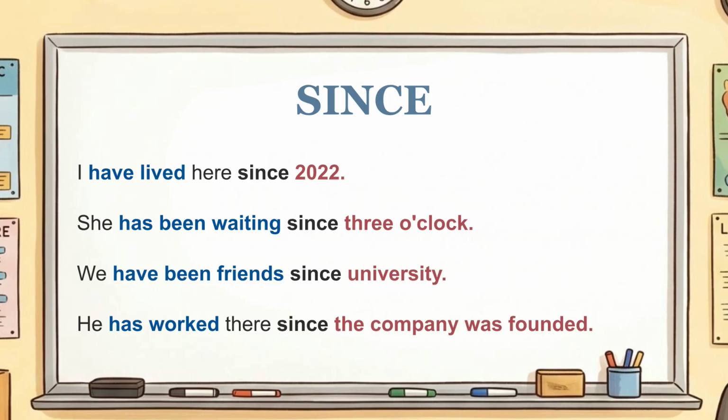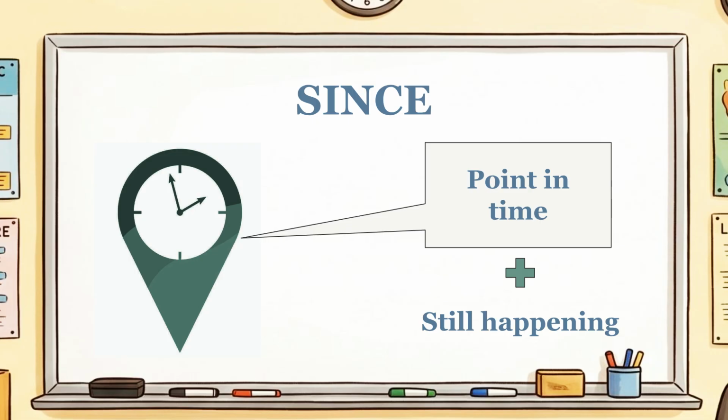Now here is the restriction I mentioned. Since almost always appears with the present perfect tense. Have lived, has been waiting, have been friends. This is not a coincidence, and understanding why will help you remember it. The present perfect tense is used for actions that started in the past and are still connected to the present.